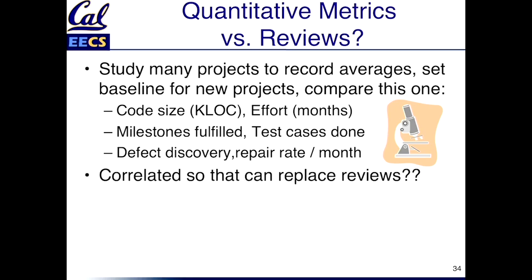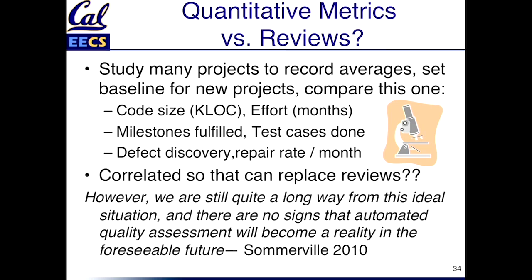Let's try these metrics, and you won't have to have these expensive reviews. And basically, quoting Somerville, who's written a text on software engineering, he says, look, this doesn't work. It would be great if these metrics would work and predict and give you the feedback you need, but sorry, not only does it not work now, there's no sign that it's going to work. So we really need to be open to reviews.